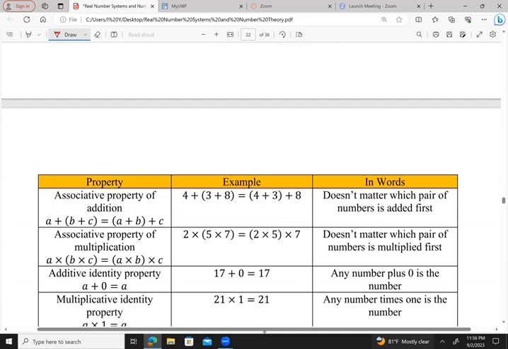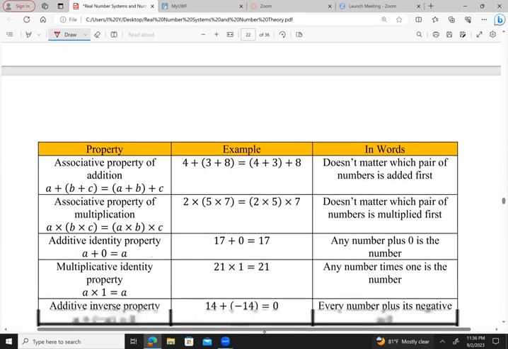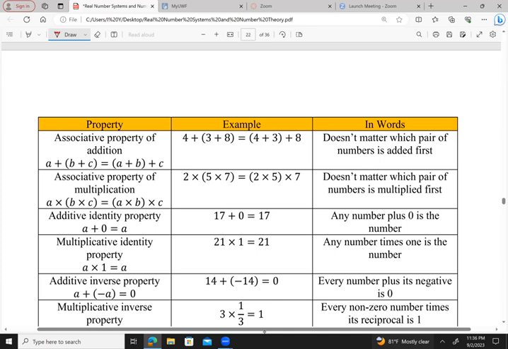(A plus B) plus C is the same as A plus (B plus C). It doesn't matter which pair of numbers is added first, as long as we're talking just addition or just subtraction or addition and subtraction. They're the same thing. Same with the associative property of multiplication. It doesn't matter which two numbers you multiply first.